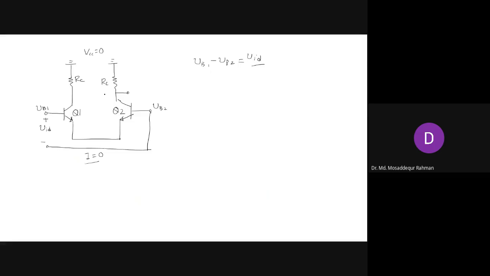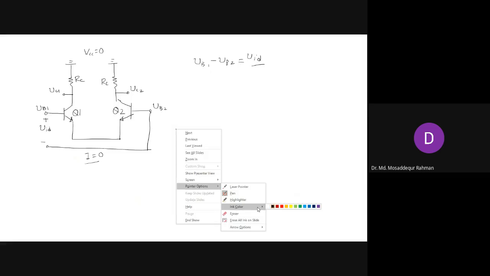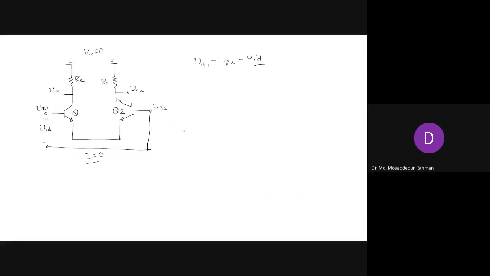You have VC1 and VC2, and that is our differential output voltage, VOD.